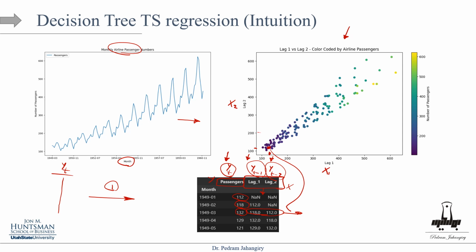The lighter they are, the higher the number, and the darker they are, the lower the number. So for example, 132 for this observation, so that's the color. The color is kind of darker. So I don't know, let's do it blue, right? So hopefully these dots make sense now, how we can go from something like this on the left to something like this on the right.